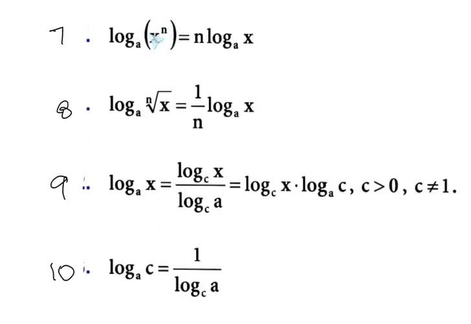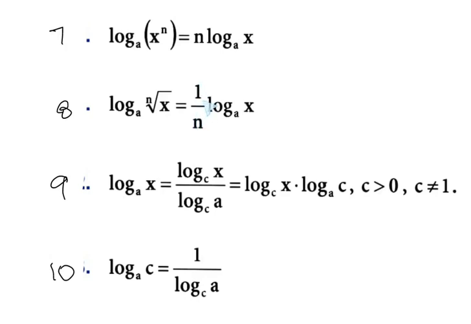Log x^n base a equal to n log x base a. This power comes before, n log x base a. Log nth root of x is equal to 1 by n log x base a. That nth root must be 1 by n.